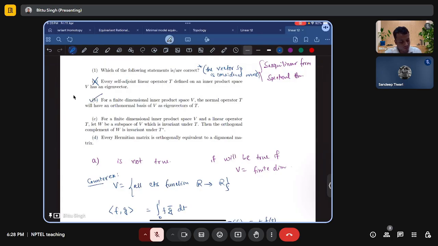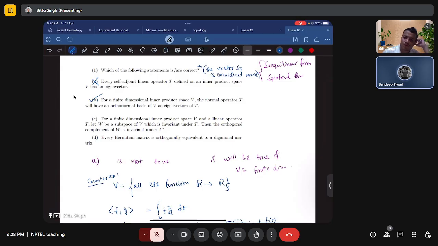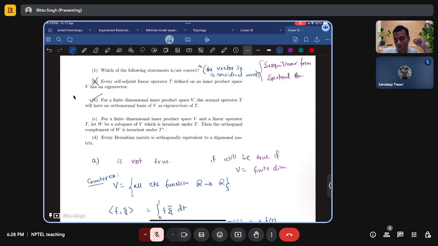Then B will be true, right? This is the property of a normal operator. By the spectral theorem, it is always diagonalizable, and the interesting fact is that those P, in P inverse, are actually unitary.